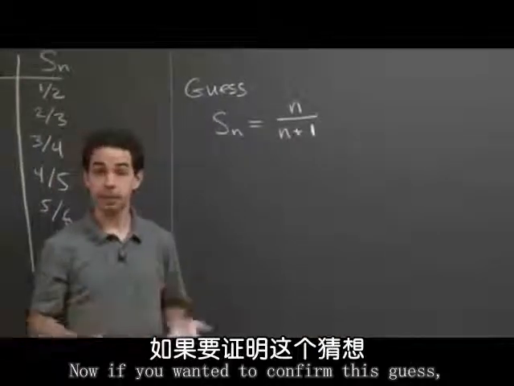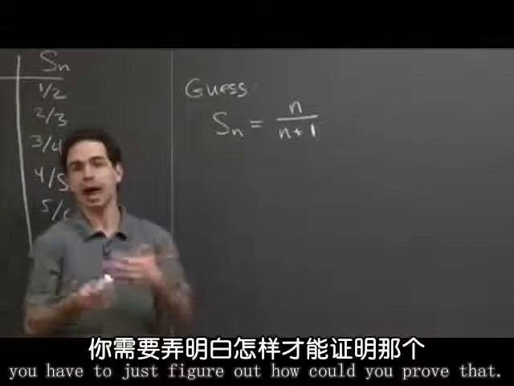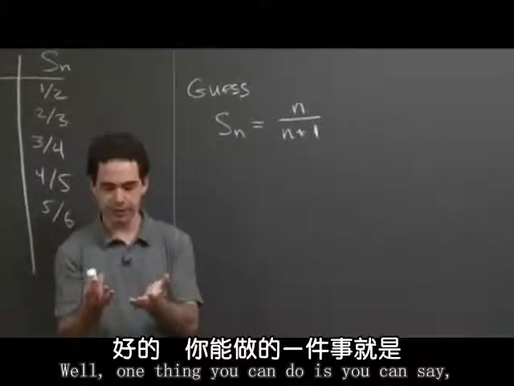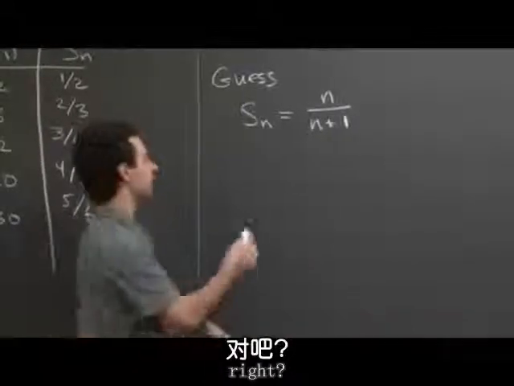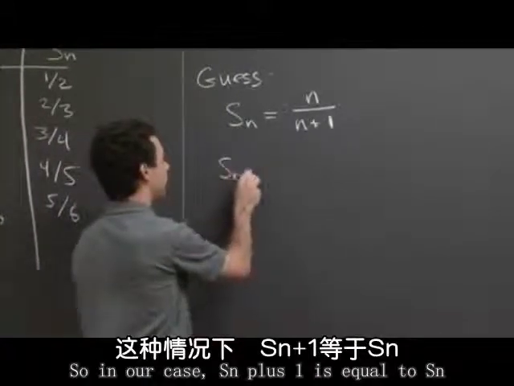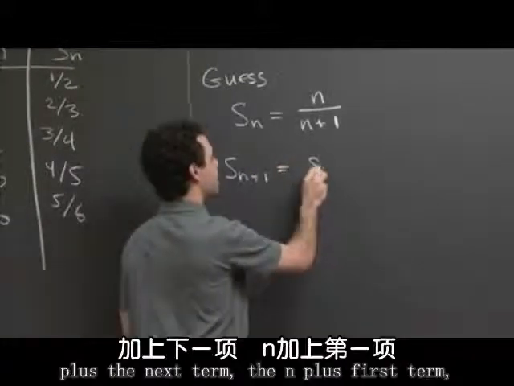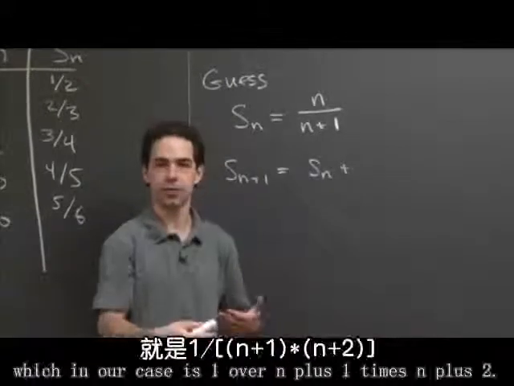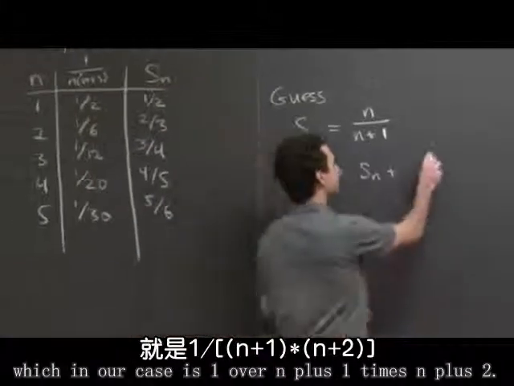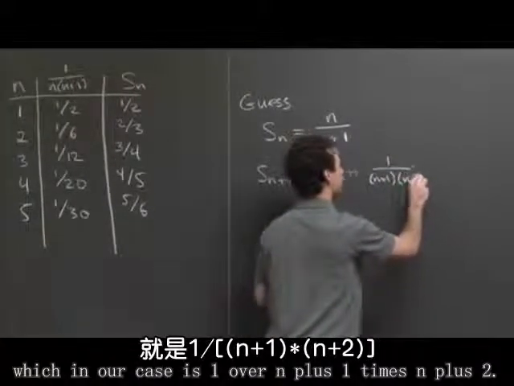Now, if you wanted to confirm this guess, you'd have to figure out how you could prove that. Well, one thing you can do is say that Sn plus 1 is equal to Sn plus the next term, right? So in our case, Sn plus 1 is equal to Sn plus the n plus first term, which in our case is 1 over n plus 1 times n plus 2.